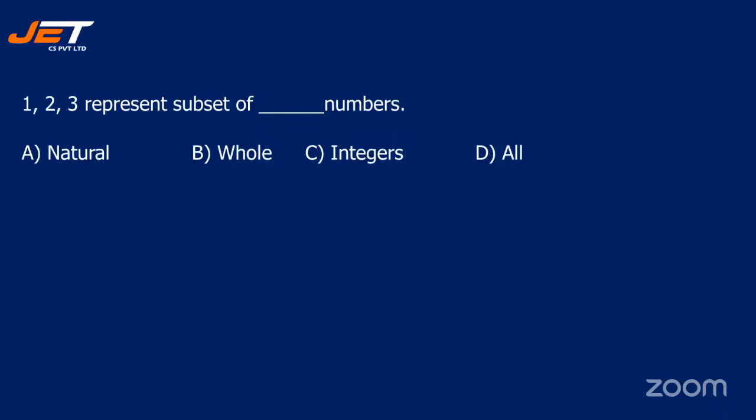{1, 2, 3} represents a subset of dash numbers. Is it natural numbers, whole numbers, integers, or all?